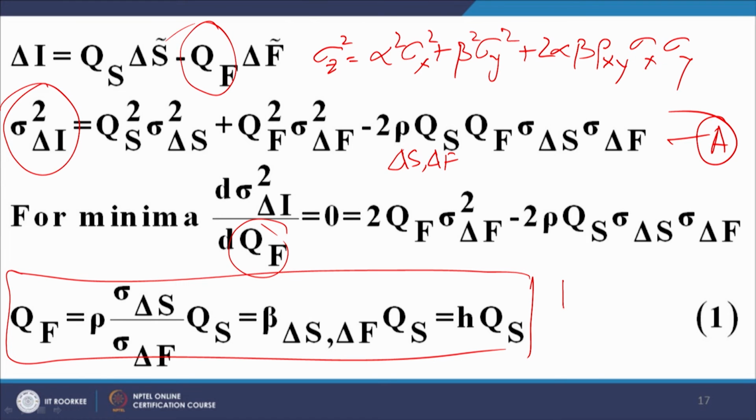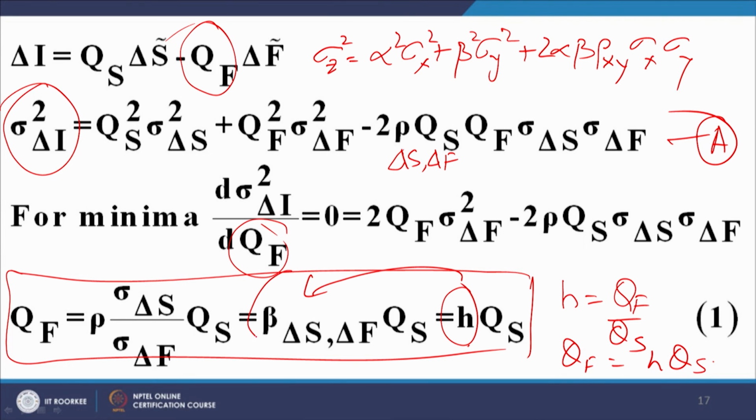The standard definition of the hedge ratio is H is equal to QF upon QS, or QF is equal to H into QS. Therefore, if we use this definition, what we find is that H is equal to the regression coefficient beta delta S delta F.